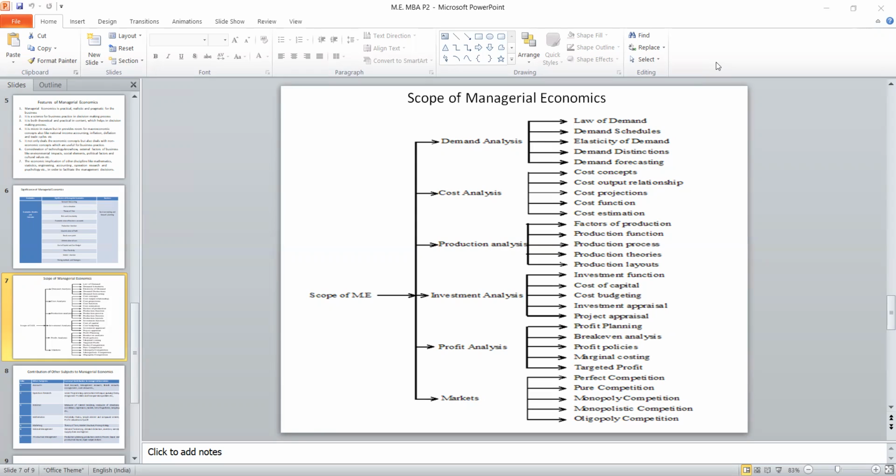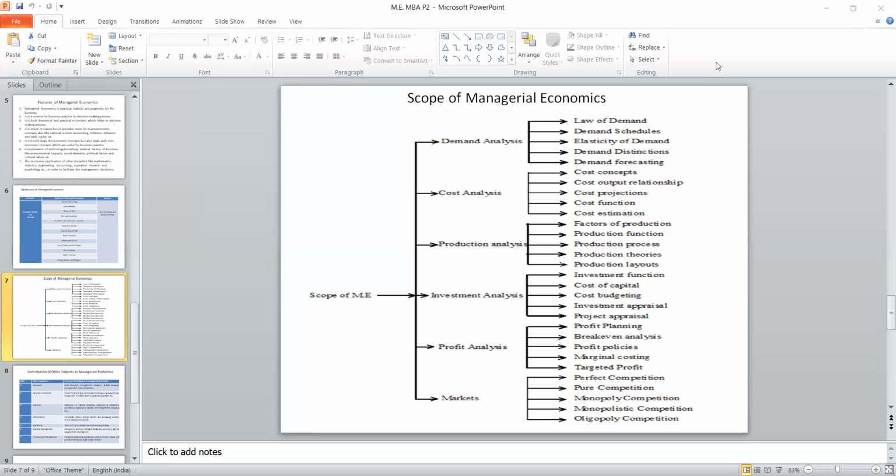Whenever we project the future cost that I have to incur, it is easy for us to construct the cost function. So based on the cost function, it is easy for us to estimate the cost. So all these topics are included in the cost analysis. Once we complete this, we have our future sales based on the demand analysis. Then we estimate the cost.